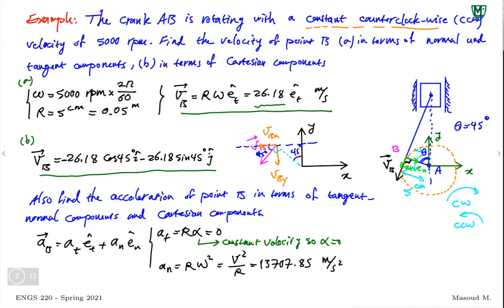So if you have this motion right here, let me just draw it here. Your point B can have two components, right? If this is the center of rotation right here, it can have AT and AN, with AT being along ET and AN being along EN.